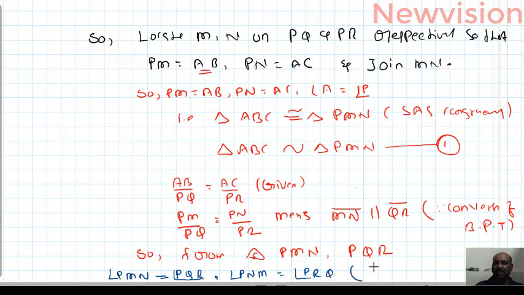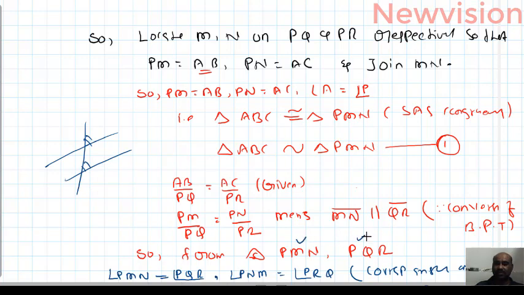Reason is corresponding angles. Corresponding angles are equal, because two parallel lines cut by a transversal and corresponding angles are equal only, no? So these two angles are equal.